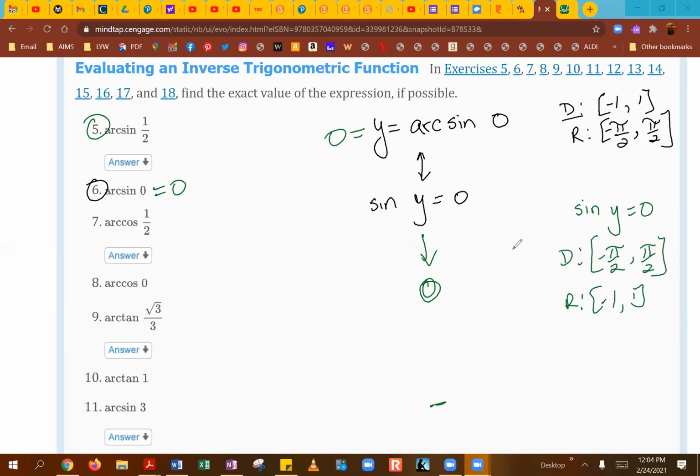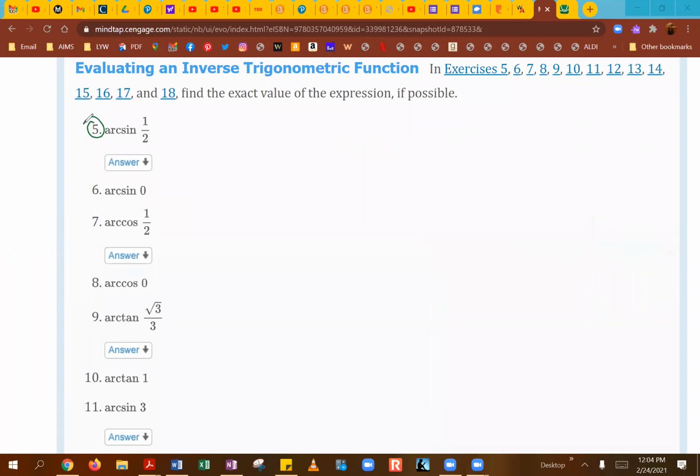Pi over 6, okay. Let's check this very quickly. I'm actually going to clear this out. Okay, very nice, guys. So again, when we're talking about arc sine, that means we are saying sine of y has to equal 1/2.